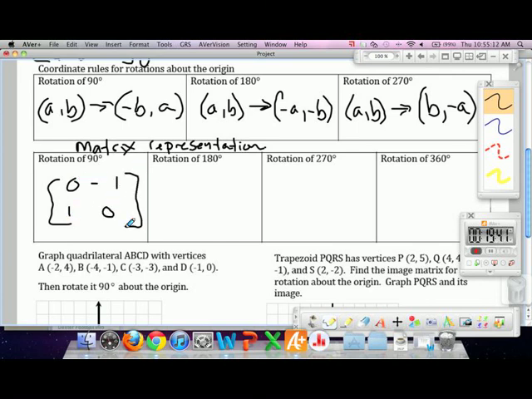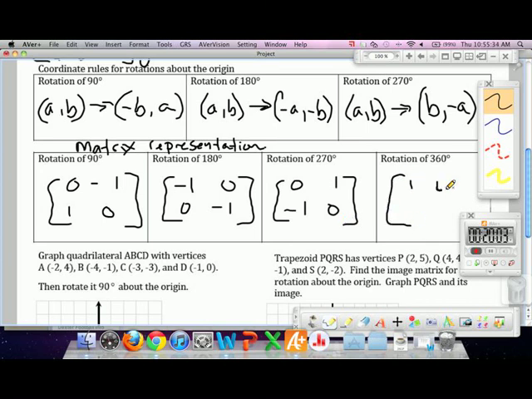If I want to rotate 90, I can multiply by this matrix. Rotate by 180. By 270. And if I want to rotate in a full circle so that it has not changed, you could multiply by the identity matrix.